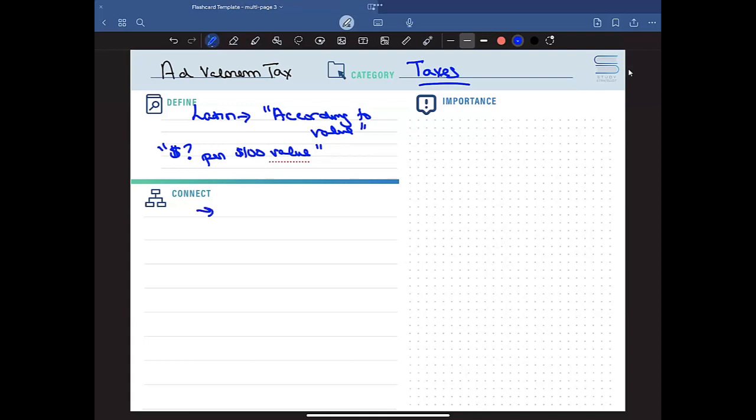So let's connect it. Yes, you may use a dollar amount per 100, and that's based on the assessed value. And that's the word I want to make sure you know. You do know what assessed value means, correct? Market value. Well, see, that's what I wanted to ask. It's actually different.